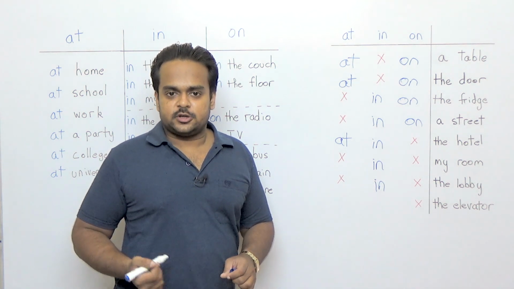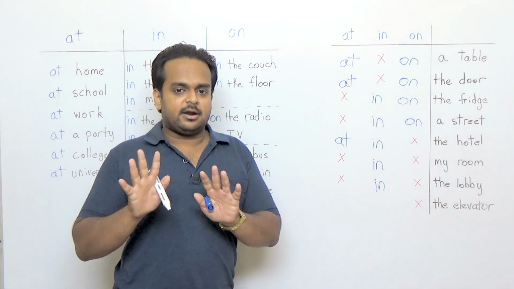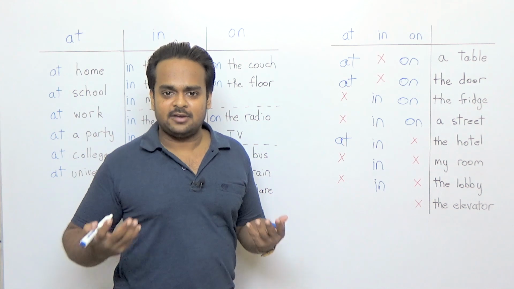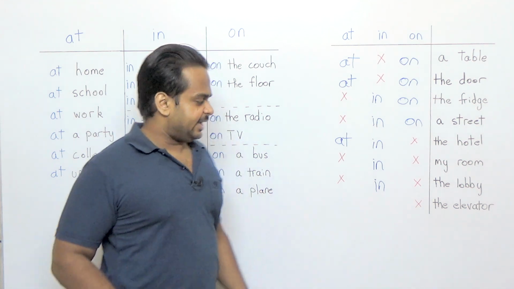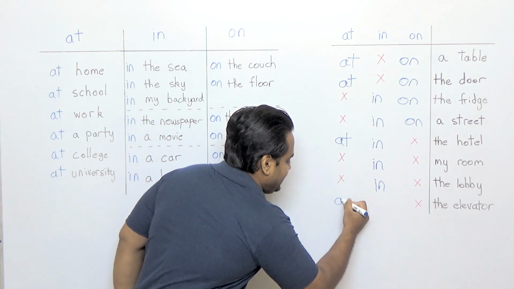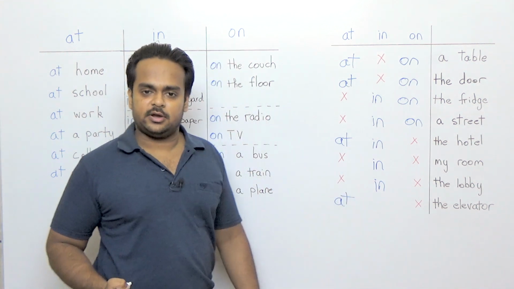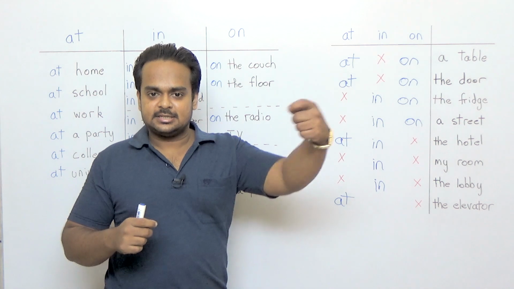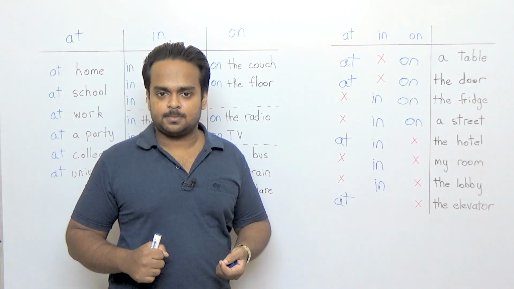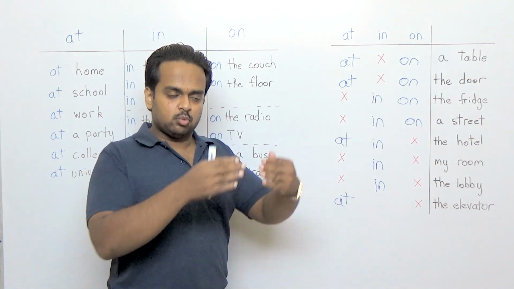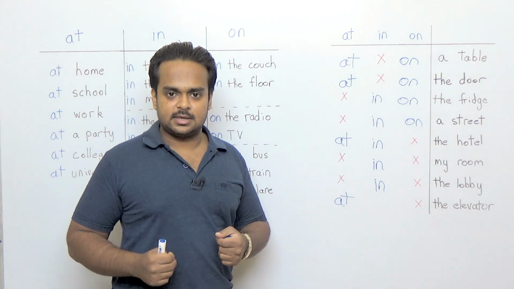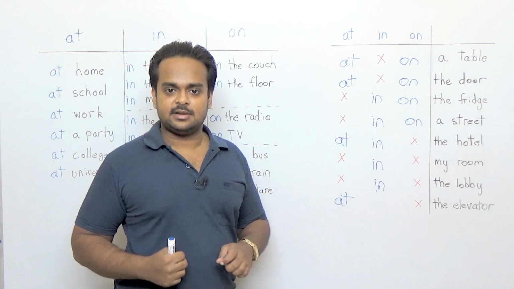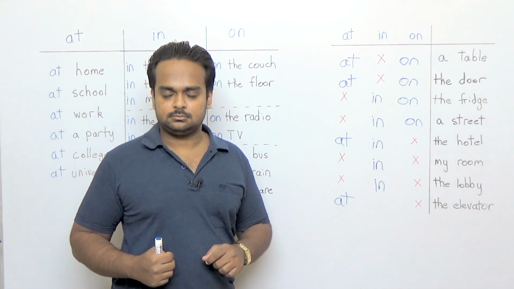So Jeff answers, "Well, don't worry, I'll be there in 5 minutes." And I say, "Well, how can you be here in 5 minutes?" And he says, "Well, I'm already at the elevator." So as we were speaking, he left his room and he is now at the elevator. At the elevator means he's waiting just outside the elevator and he's waiting for the elevator to come to his floor.